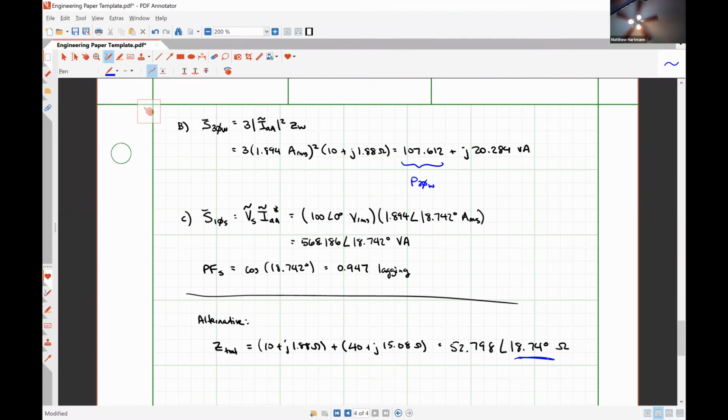Okay, so we got 35-ish minutes left. So we can either cut out now. Do you guys have any questions about any of the homework or anything like that? Do you want to look at the homework problem regarding three-phase power? I don't know, whatever you want to do.